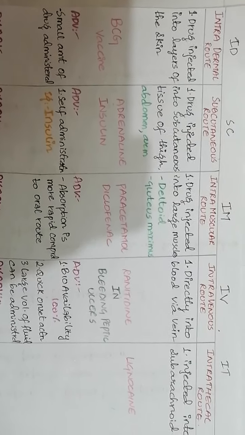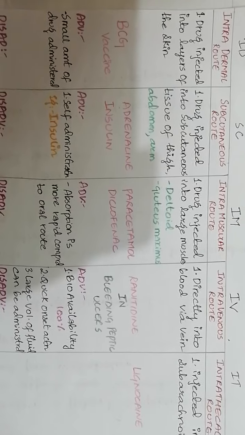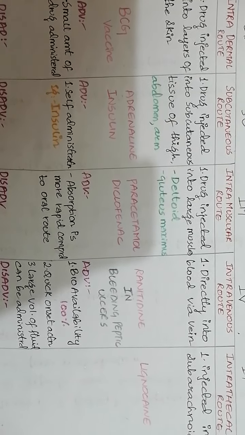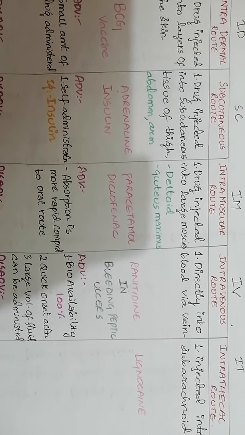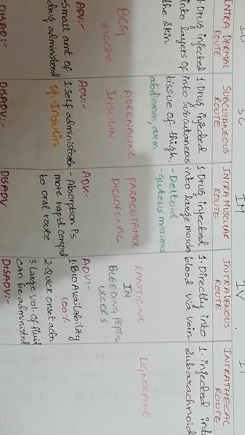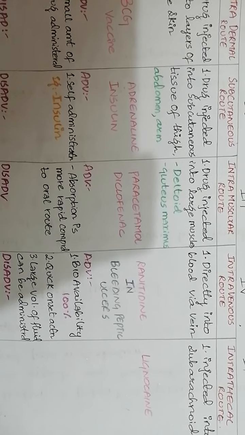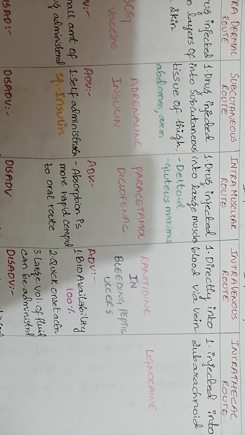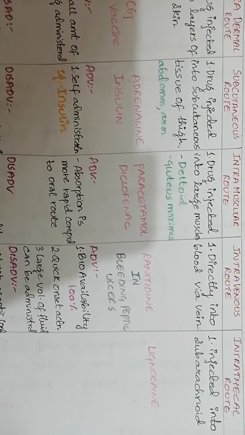Examples: for intradermal, BCG. For subcutaneous, adrenaline and insulin. Intramuscular, paracetamol and diclofenac. Intravenous, ranitidine in bleeding peptic ulcer. Intrathecal, lignocaine in the spinal cord.